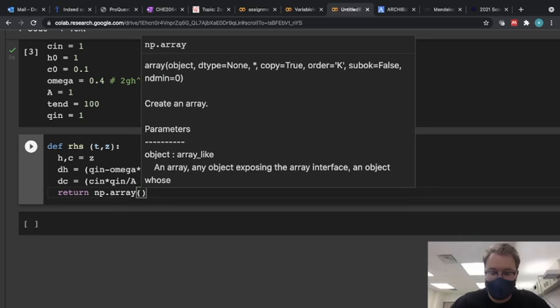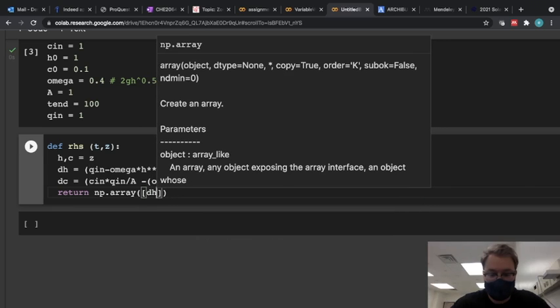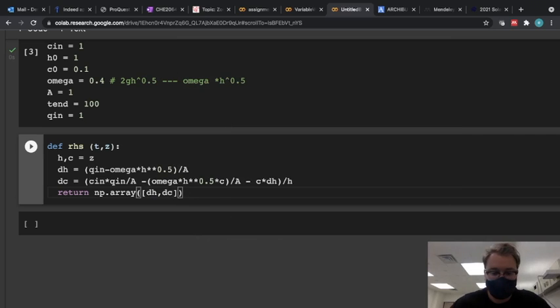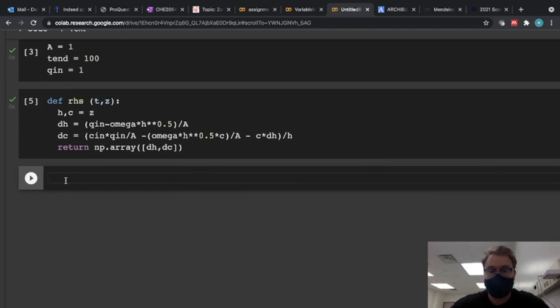And that's going to be brackets of dH, change in height, and dC, change in concentration. So shift enter. There we go. I've defined my two differential equations. So now I can start solving for them.